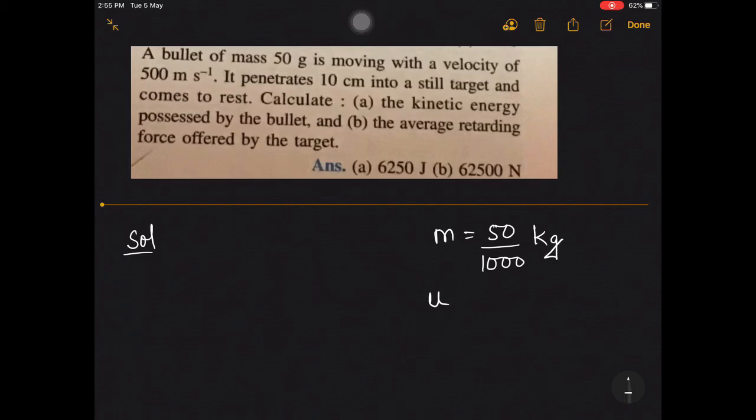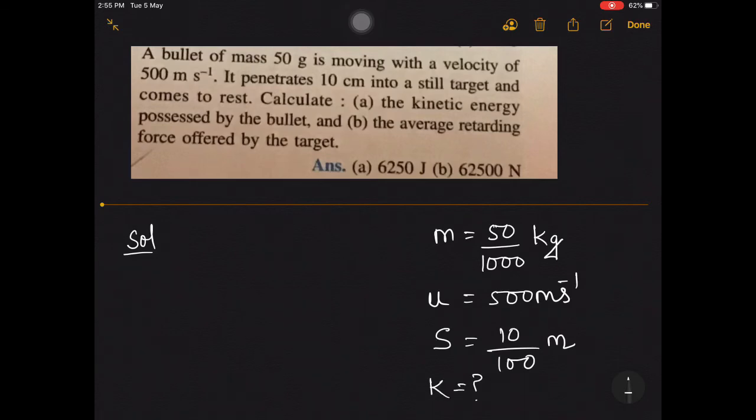It is moving with velocity 500 meter per second, penetrates 10 centimeter into a still target, so displacement is 10 centimeter, which is this much meter. Calculate kinetic energy possessed by the bullet and the average retarding force.